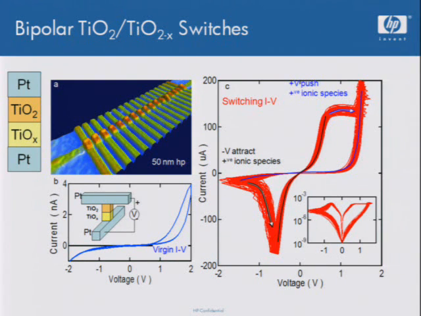Our devices, because of the processing that we were doing to improve switching properties, contained two different layers of titanium dioxide. One was a stoichiometric layer, essentially this 3 eV bandgap material, which is very insulating. And the other was an oxygen-deficient material, which is highly conductive.